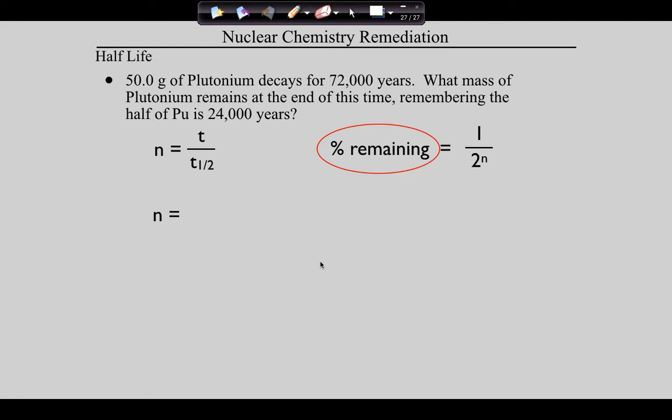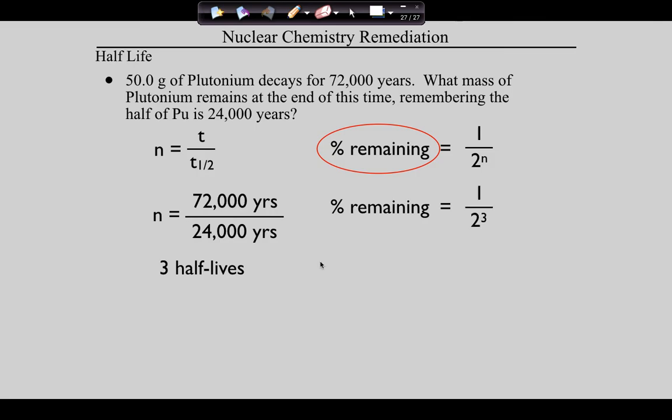But we can solve for n because we know that the sample sits around for a time of 72,000 years and a half-life is 24,000 years. Dividing 72,000 by 24,000, we find out that we went through 3 half-lives in that time. That number, 3 half-lives, then gets plugged in over in the right-hand equation, and we now know that our percent remaining is 1 over 2 to the third.